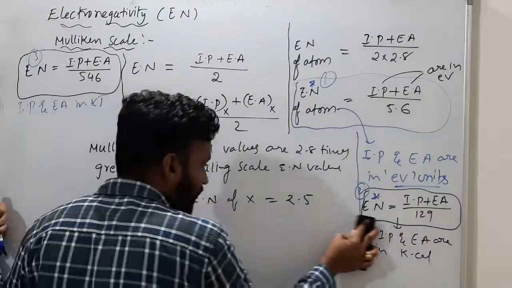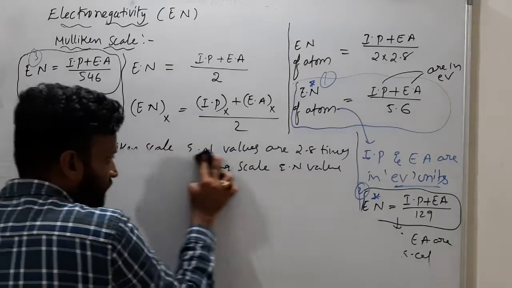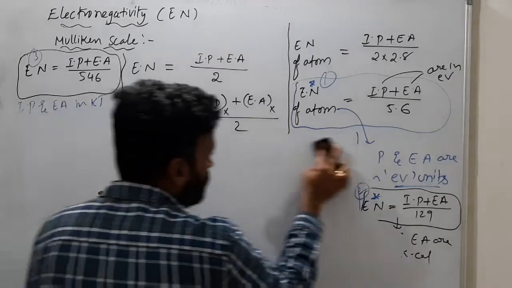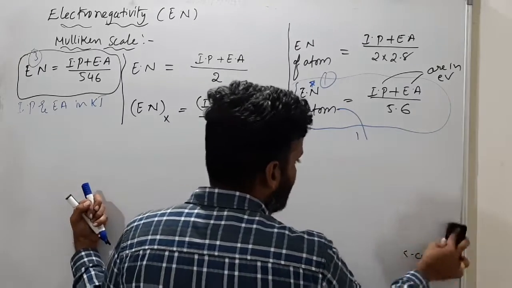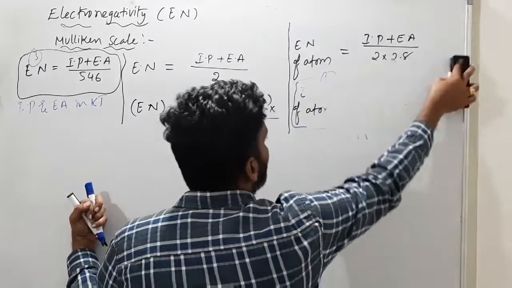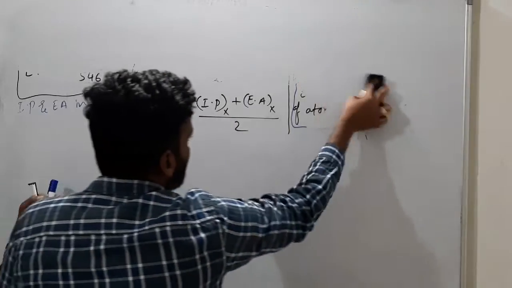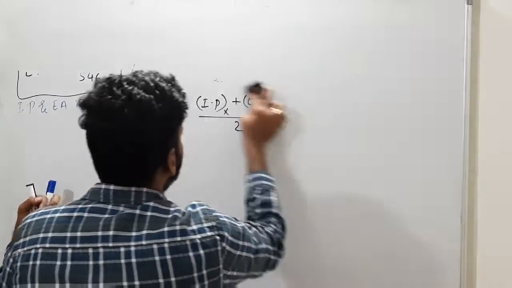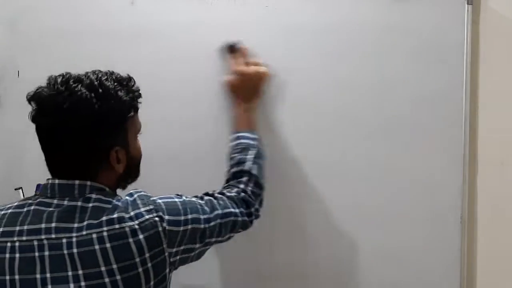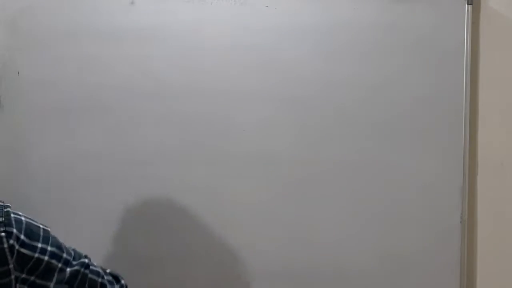Okay. So next, how electronegativity changes from top to bottom and left to right. I think I told this already. Electronegativity depends on atomic radius. Why? If atomic radius is small, it has a great tendency to attract electrons towards itself.